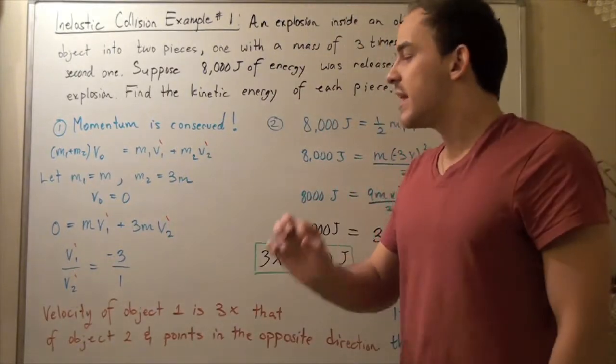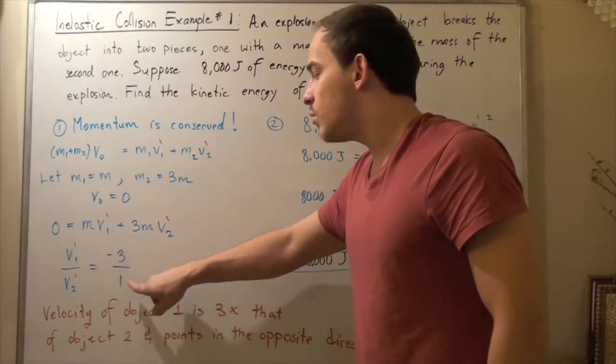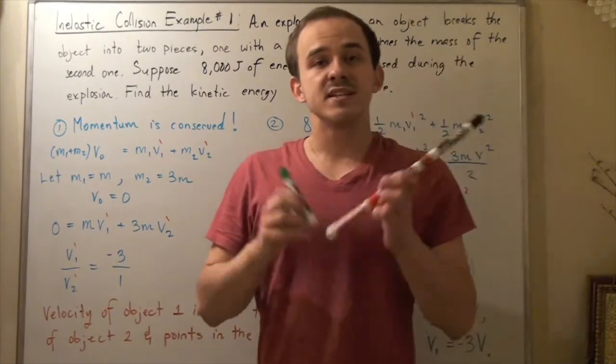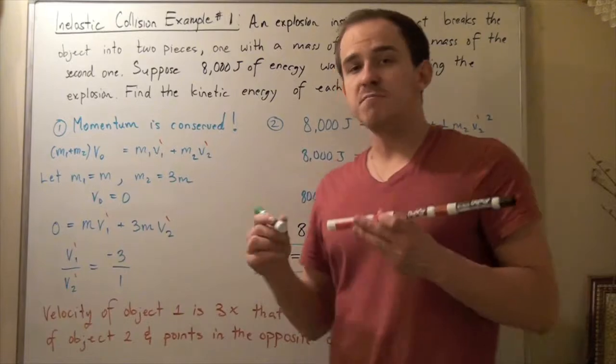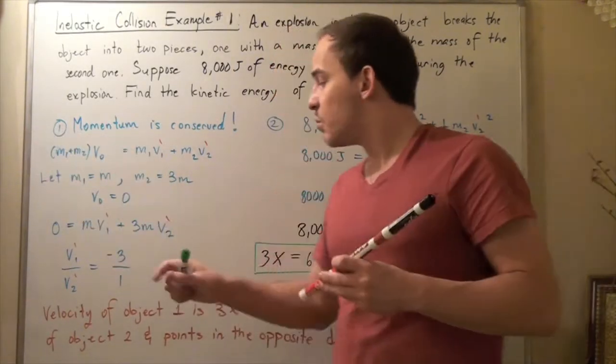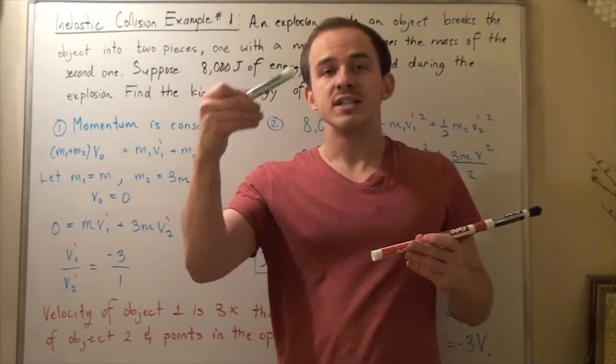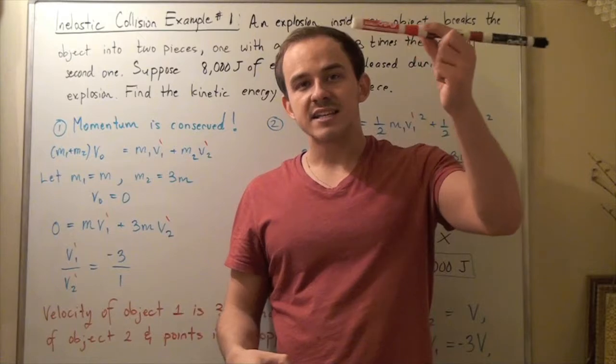And we find that the ratio of their velocities is -3 over 1. What that basically means is that the negative means these guys are going in opposite directions. And what the 3 means is that this guy's velocity is 3 times as high as this guy's velocity.